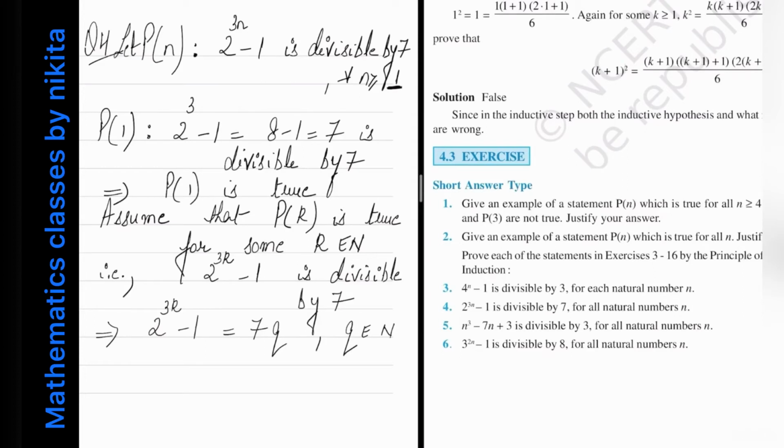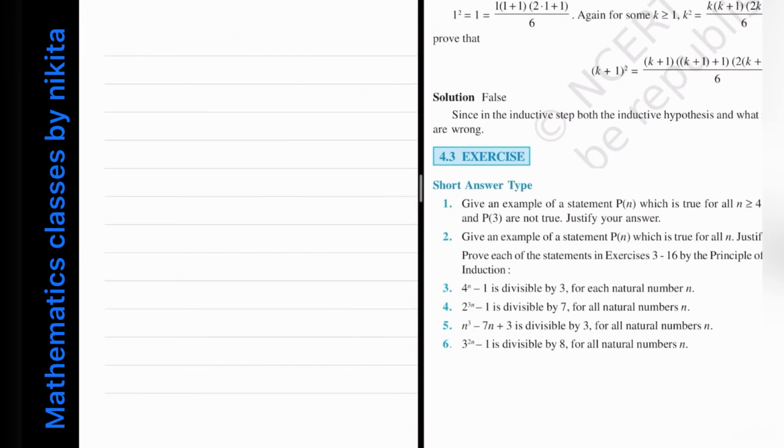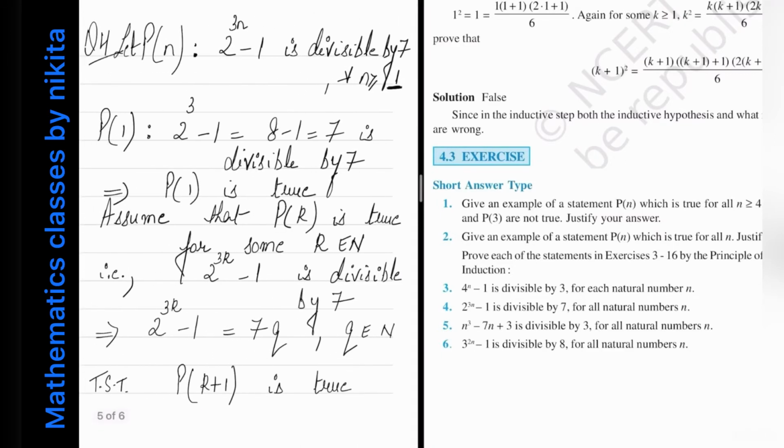Okay, now हमें शो क्या करना है? We have to show that p of k plus 1, the statement p of k plus 1 is true. So consider, so for proving this I am considering 2 to the power 3k plus 1 minus 1. ठीक है, now mark this as 1.